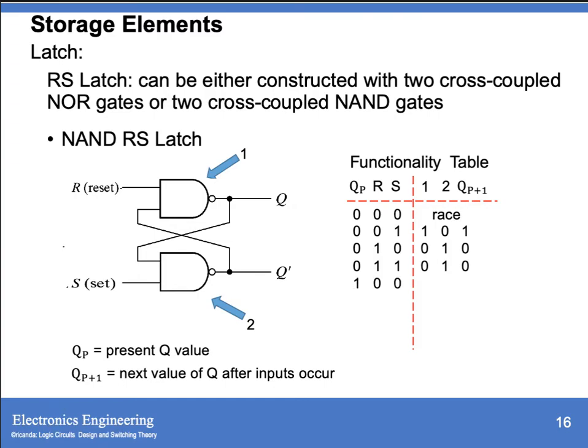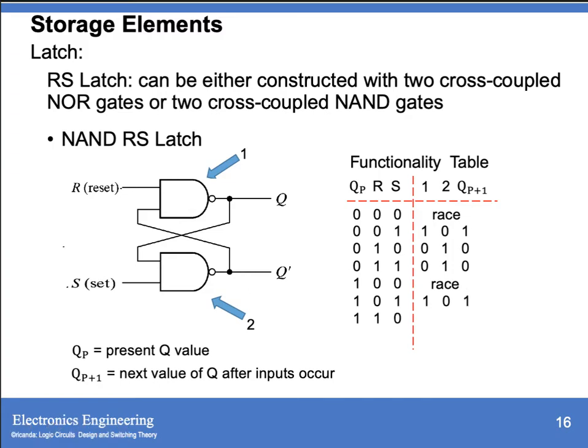Then, if we have 0, 0, since both inputs of your R and S are 0, then we have a race. Then if we have 0, 1, since R is 0, your first NAND gate will generate an output of 1. If this is 1, the second NAND gate will generate an output of 0.